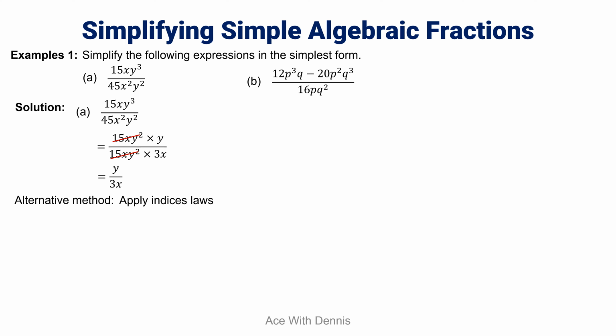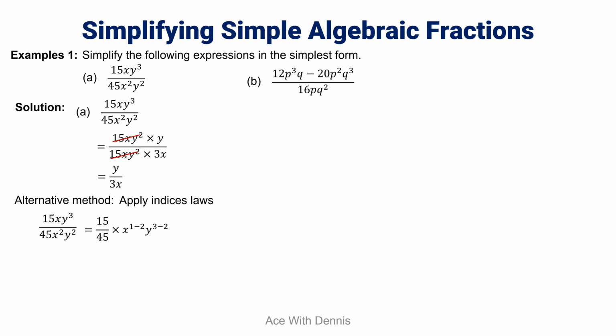Alternatively, we can apply the indices law, which we have learned in the previous lesson. So this is how we can do it. For the fraction given, the number is divided by the number, and we can apply the indices law when it comes to fractions where for the unknowns we minus the power when it is division.